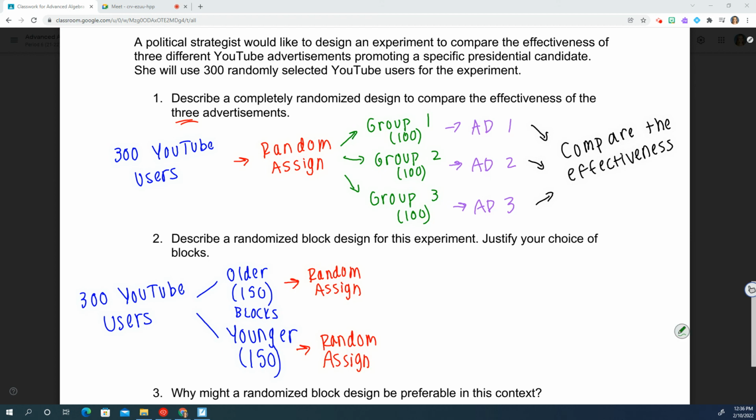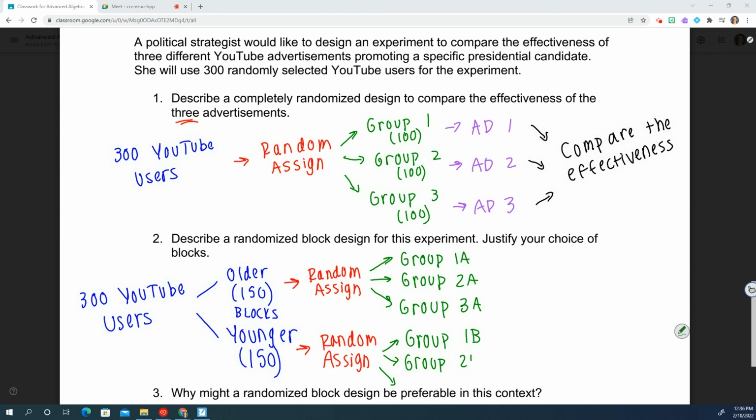So then we'll take our 150 old folks, randomly assign them into 3 groups. How many people are going to be in each of these groups? 50, yep. 1A, 2A, 3A. Same with the young bucks: 1B, 2B, 3B.